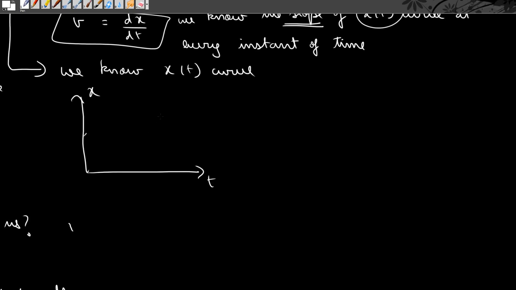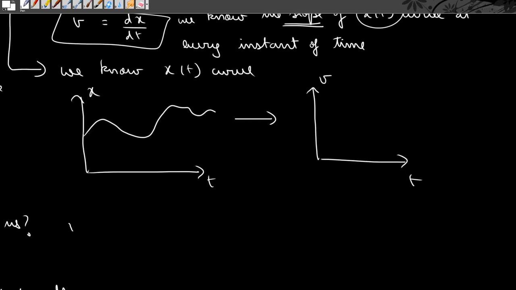Once we know how this curve looks, we can calculate the vt curve by just calculating the slope at every point in the xt curve. So in this case it will look something like positive, 0, negative, and then again positive, and so on.